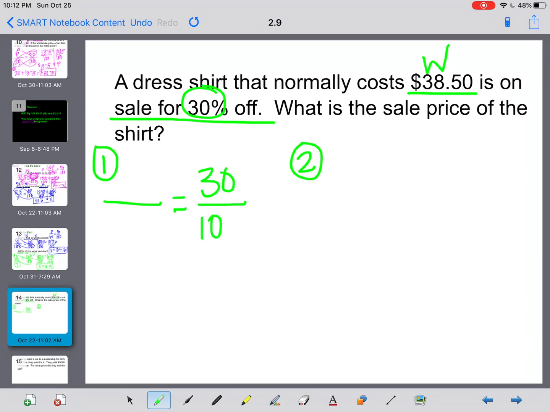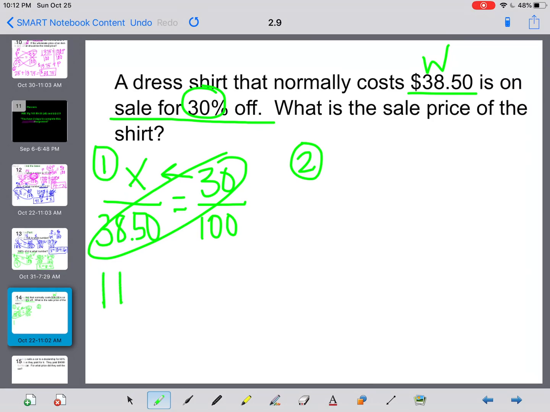So my whole is $38.50. My percent is 30. It means I'm missing the part. I want to know what 30% is, so 30% has to be across from what I need to know.